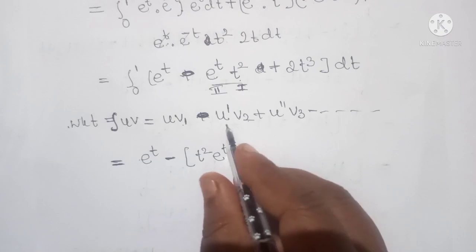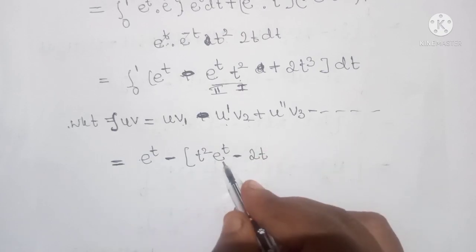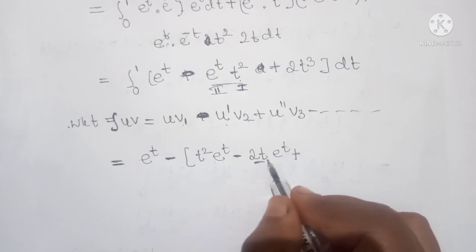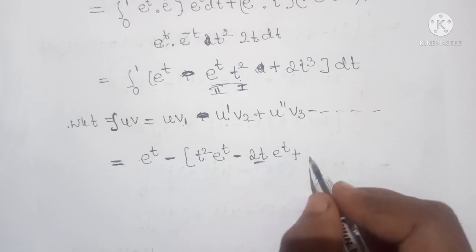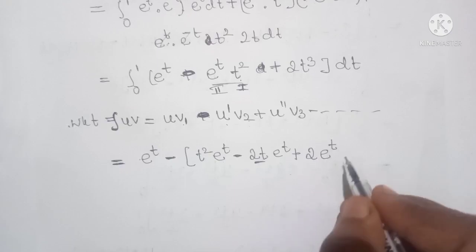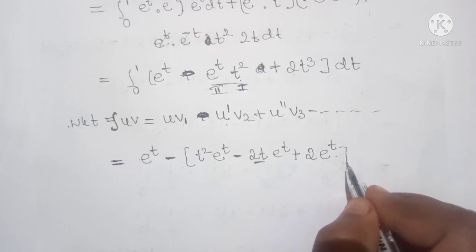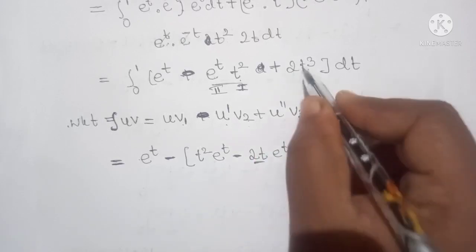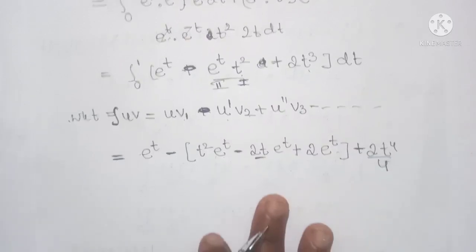Now differentiation of t square is 2t and integration of e raised to t is again e raised to t, plus differentiation of this 2t. So for v3, the differentiation of 2t is 2, then e raised to t. The next differentiation will be 0, so we stop here itself, plus 2 t cube, whose integration is t power 4 divided by 4.